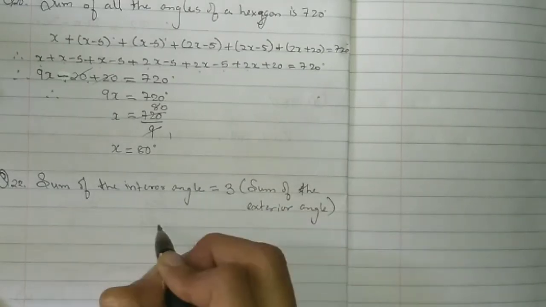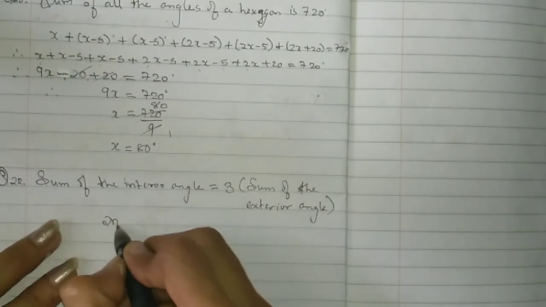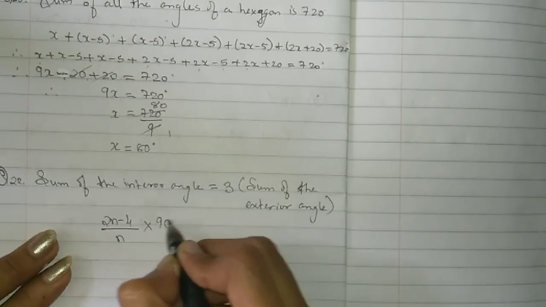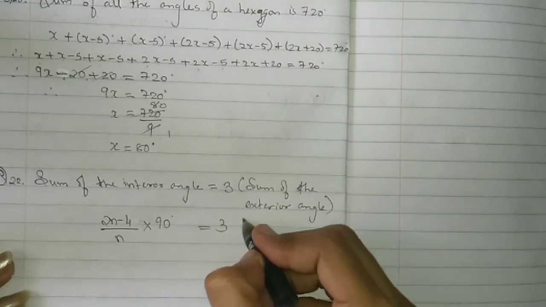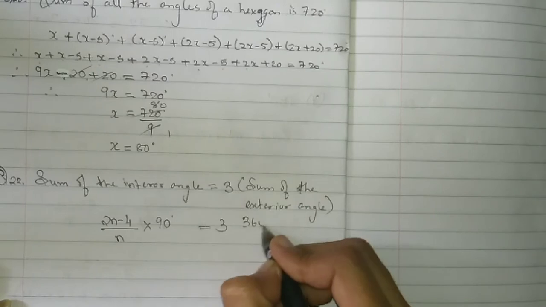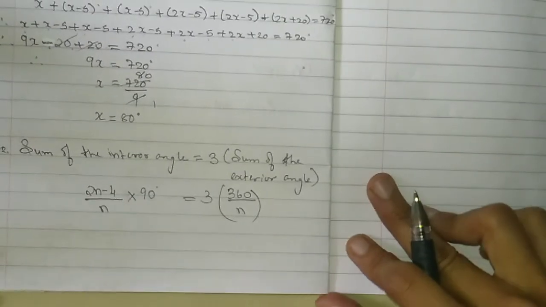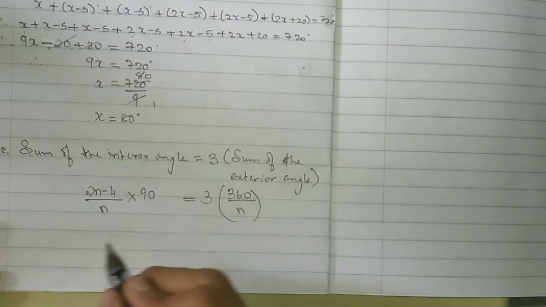Okay, so what is the formula of the interior angle? It is (2n minus 4) upon n into 90, equal to the exterior angle 360 upon n. Both formulas we know. 3 times is given, so we multiply with 3.